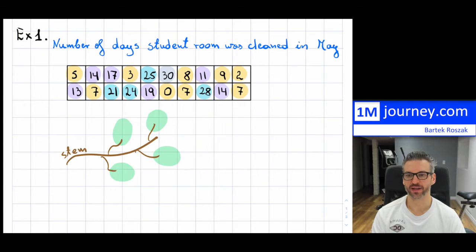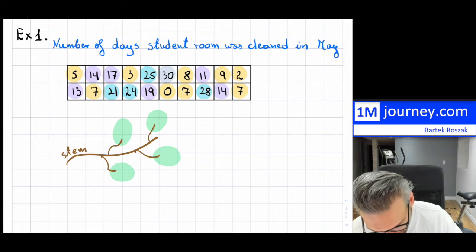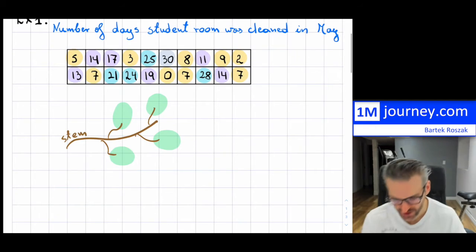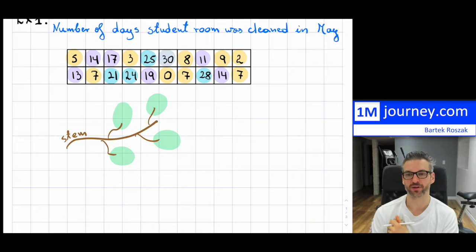And I'll try to explain to you what the stems are and then what the leaves are for each of these groups. So in these stem and leaf plots, we like to take either double digits or triple digits or quadruple digits and so on. And then we take the first leading number or the first two leading numbers, and then we create a stem out of it.